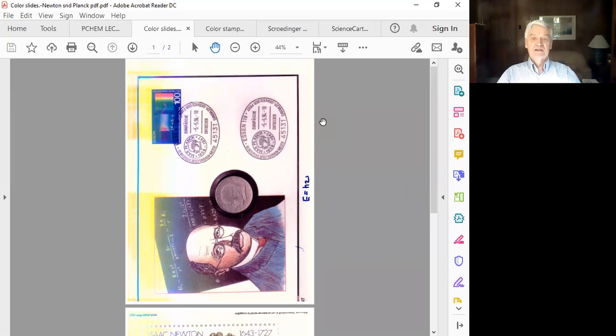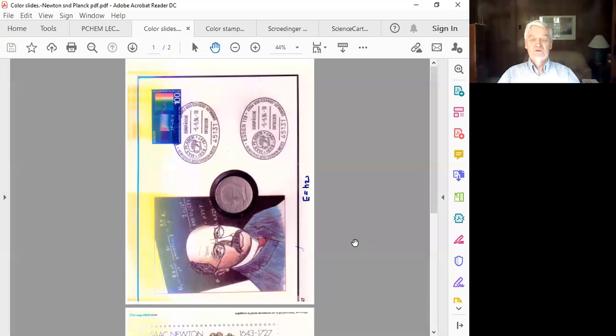So anyway, this is a special commemorative that I once picked up in Germany, probably, I guess the date here is 1994. But again, if you look up here, you'll see delta E is equal to h nu, and you'll see different colors and radiation and stuff like that. You might disagree, but I think this doesn't make Max Planck look any more handsome than he did in that other picture also.